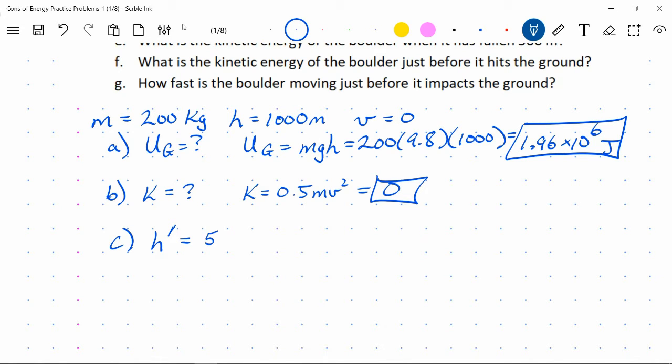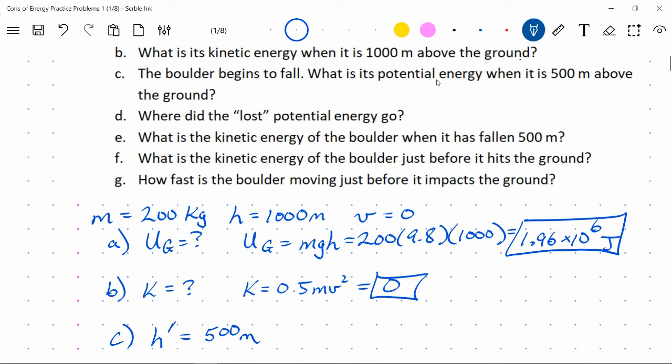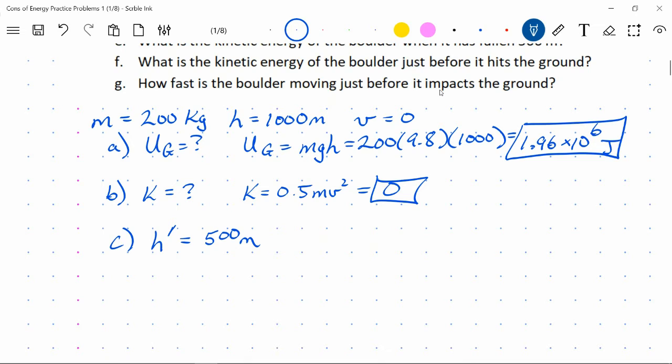So here I'm going to say the height prime, an updated value, is now 500 meters. And the question in part C, just to make sure I'm remembering this right, is what is the potential energy when it's there? So U gravity prime is what we're looking for, an updated value. It's really just a repeat of part A, using the updated value for height.